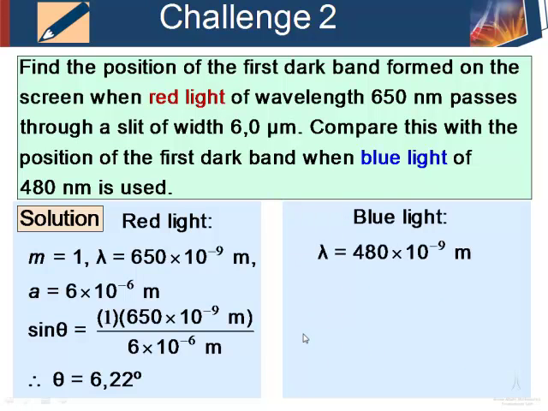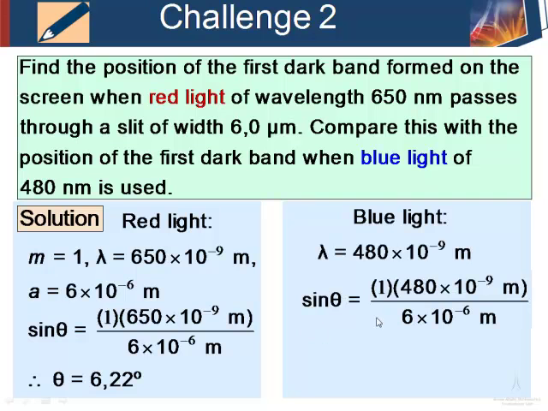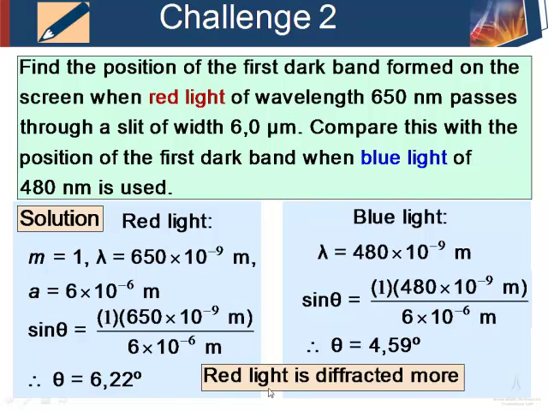Look at blue light. We know the wavelength is 480 nanometers, and again we substitute, and the final answer is that in blue light the first dark band would be found at that angle, which is slightly smaller than that of red light. That means that red light is diffracted more than blue light, as we've been saying.